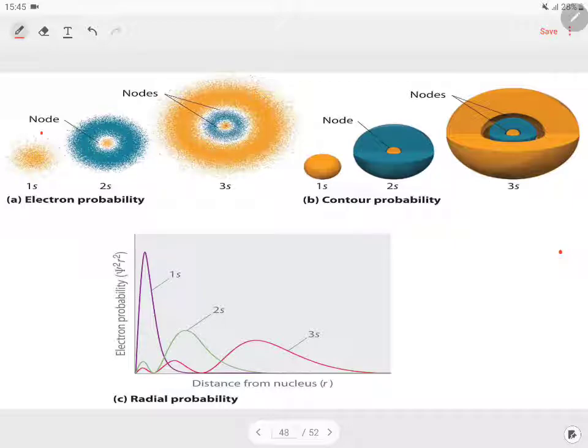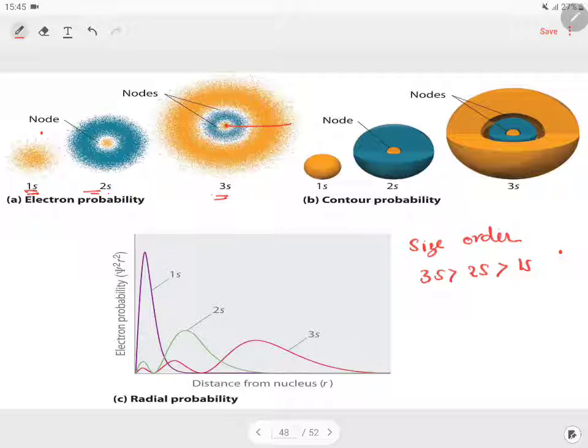This is a nucleus, and this is the size of 3s orbital. So you have 1s, 2s and 3s. As the principal quantum number increases, the size also increases. Therefore, the size order will be 3s greater than 2s, then you have 1s.